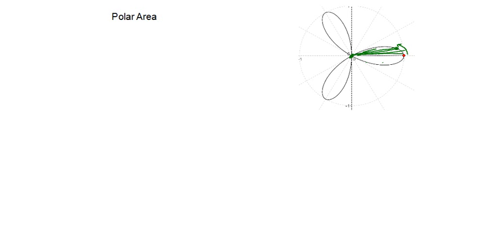So what we essentially have here are a whole bunch of sectors. You've got, say, a point here and a point here, and you want the area of that sector right there.